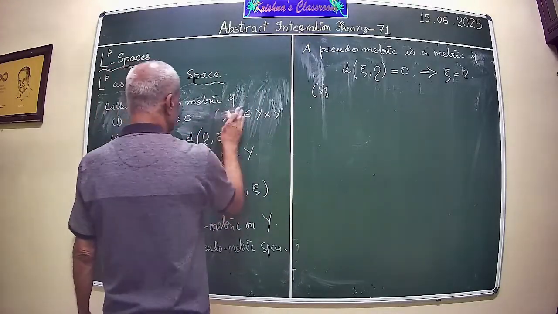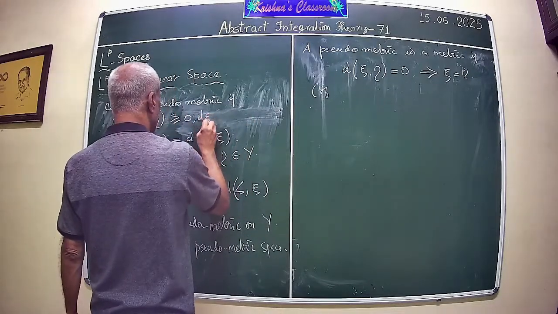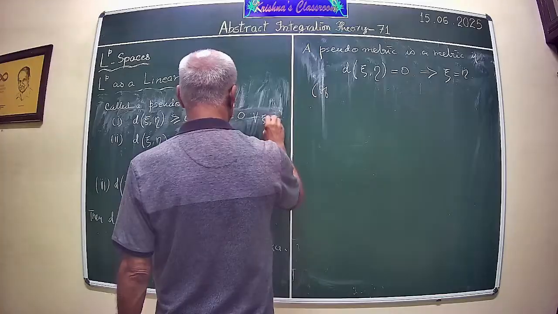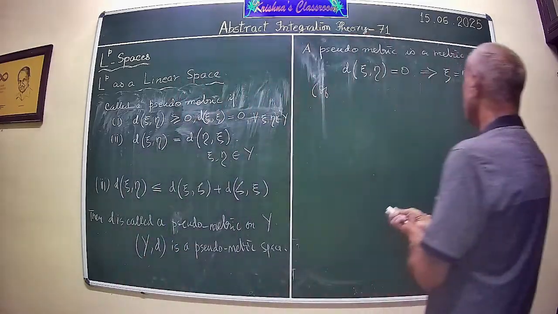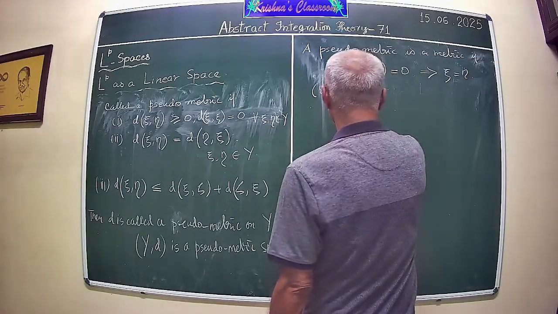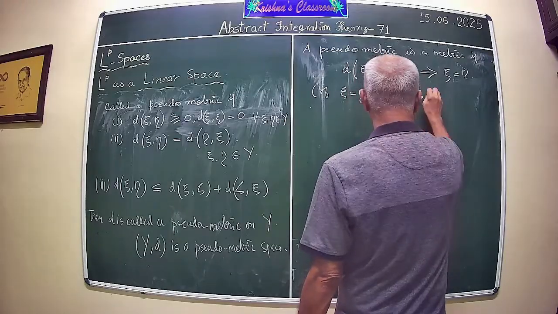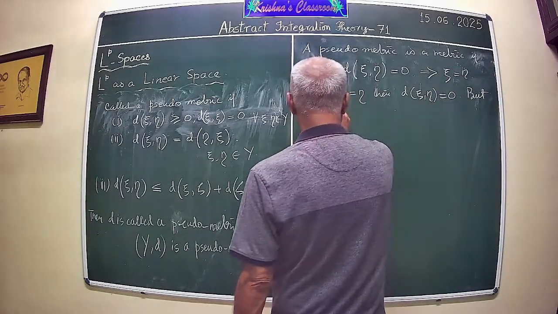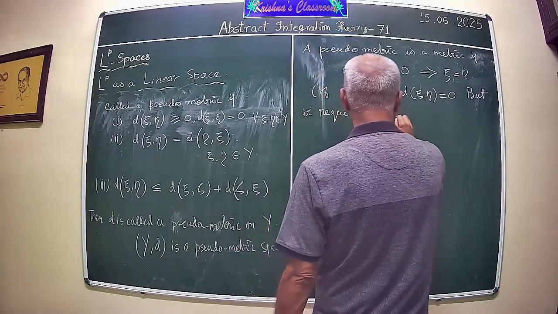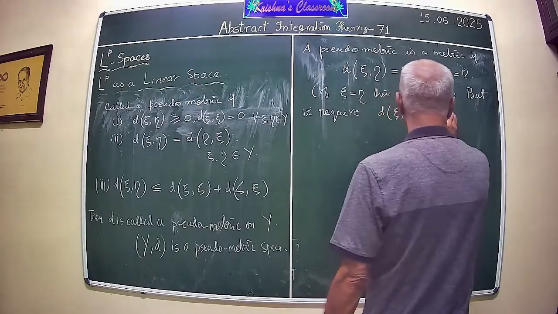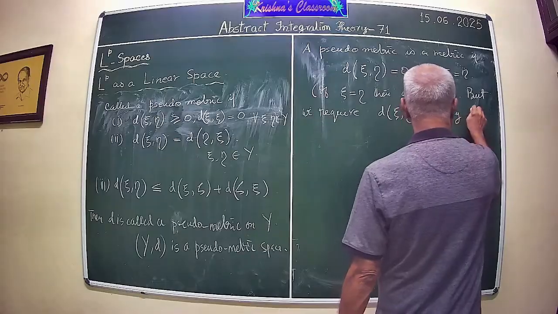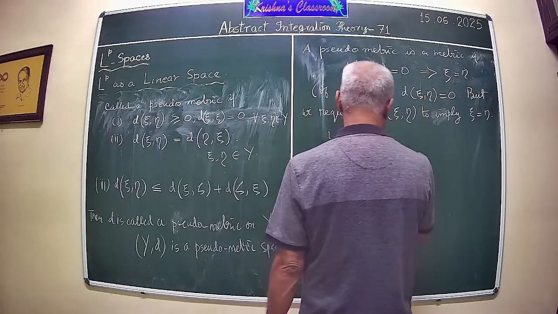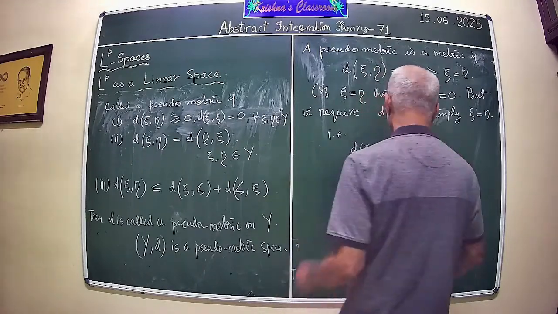And of course, see, if psi equal to eta, d is equal to 0, but we require d(psi, eta) equal to 0 to imply that psi equals eta, that is, if and only if.